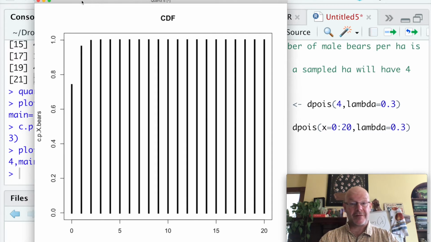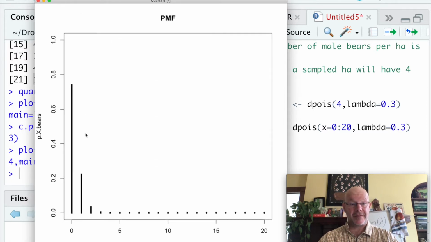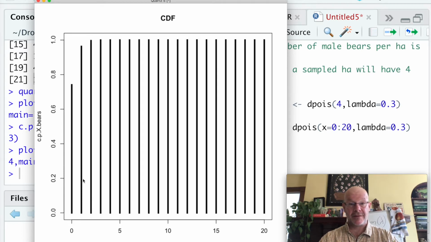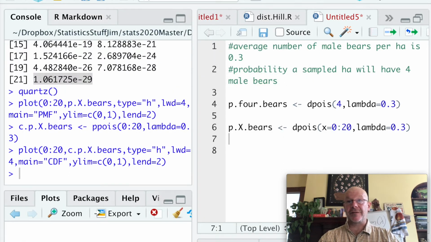And so this is simply this plus that, right? This is the probability mass function, and that is the cumulative distribution function. And so we can interpret these things the same way that we interpret the results from a binomial distribution. It's just that the Poisson is modeling something a little different.